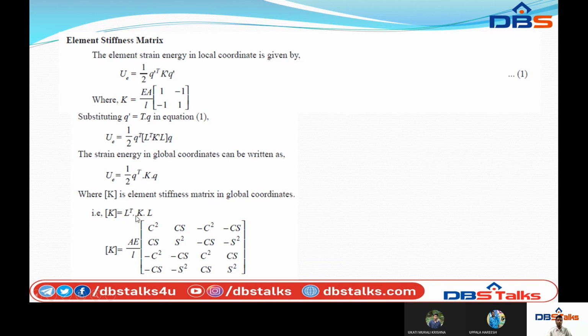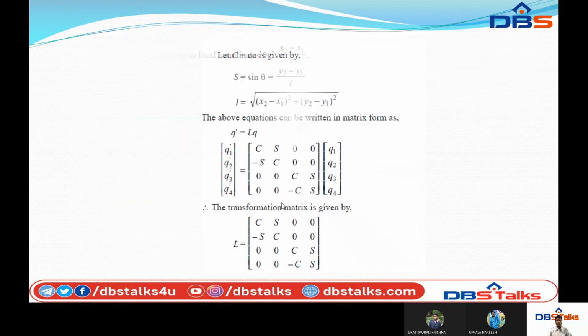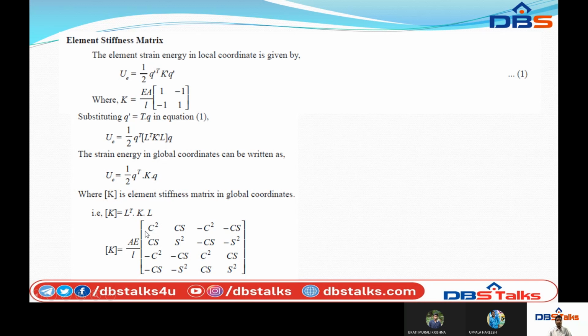Then K dash equals AE by L times the bar matrix. In this equation, I am multiplying L with L transpose.